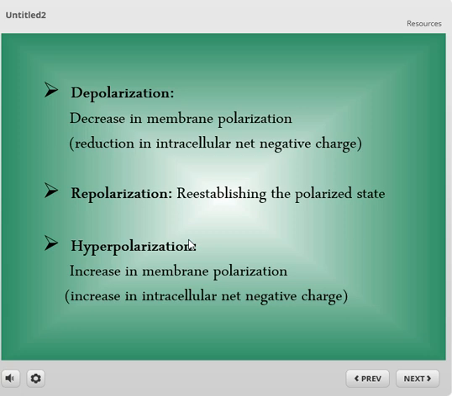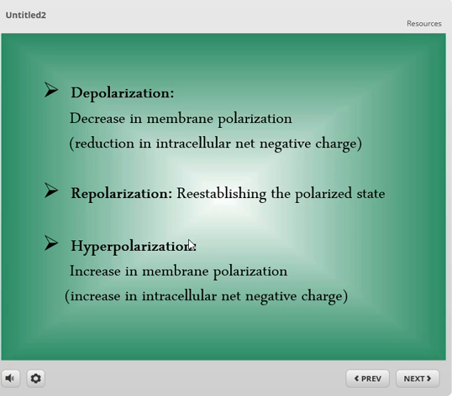And depolarization is the first phase of the action potential. I will explain about the action potential in another slide. The action potential is where the membrane potential rapidly becomes positive.